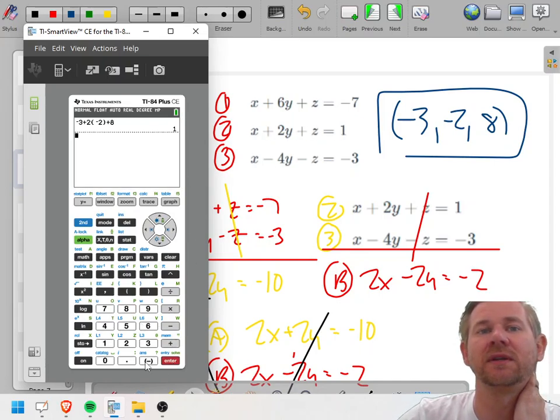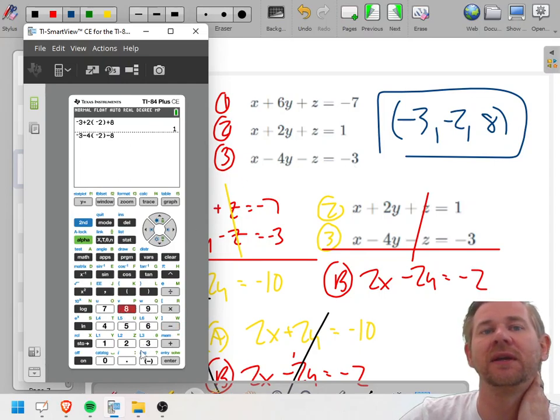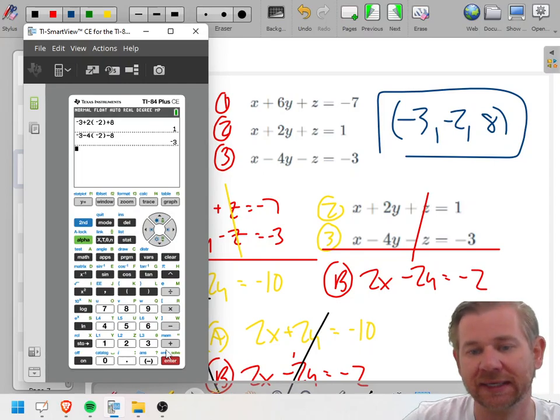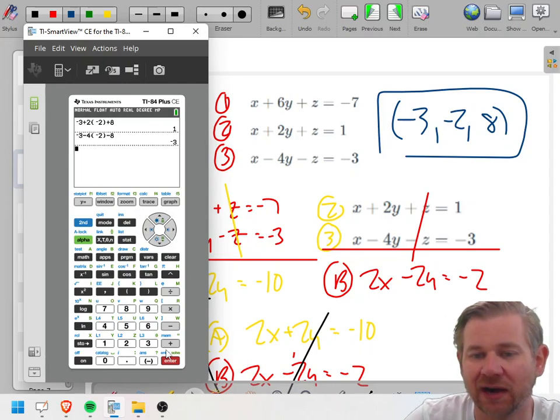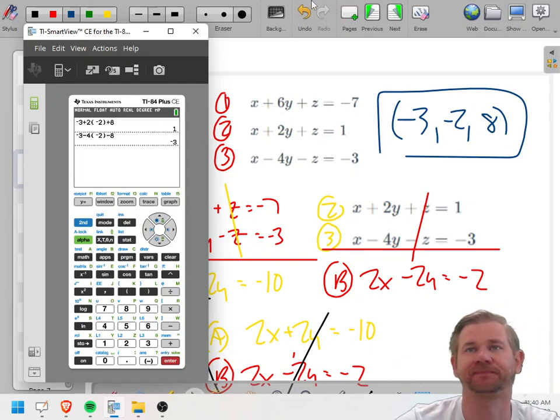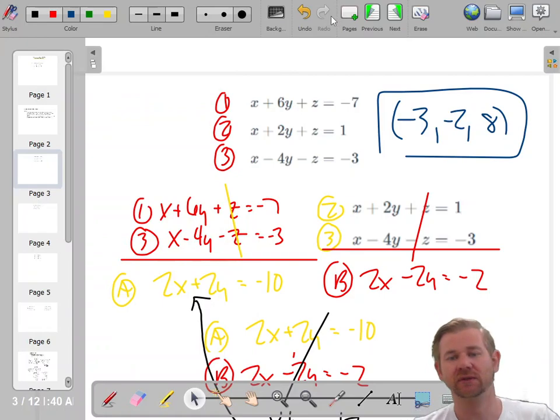Good. Last one, negative 3 minus 4 times my y value, negative 2, minus my z value. If I plug it in here, I should get negative 3. Let's go. Okay. If it doesn't work in all three, you haven't shown me anything. It's got to work in all three, and it worked in all three, so I know I did it right. Okay. Let's do a couple more.